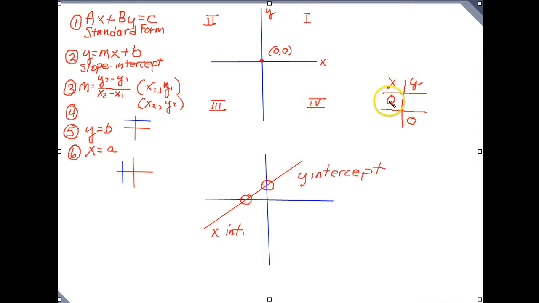When x is 0, whatever value you have there is going to be your y-intercept. When y is 0, whatever's going to be there will be your x-intercept. So this is a special t-chart for finding values, and we may use that in the next slide.